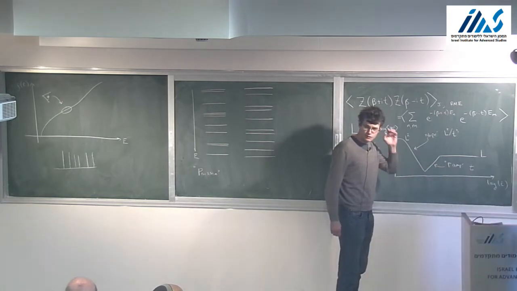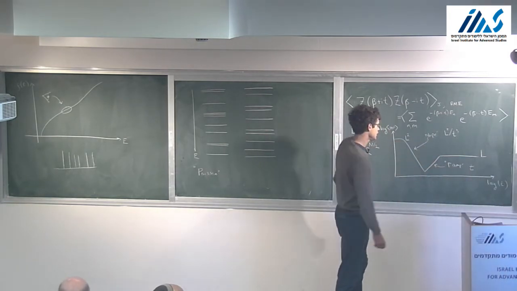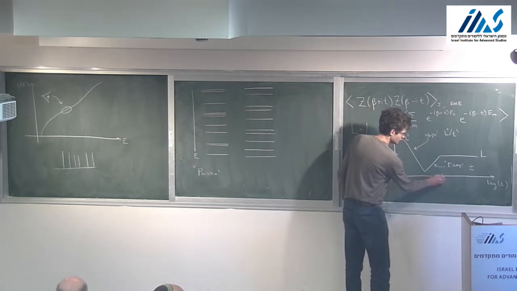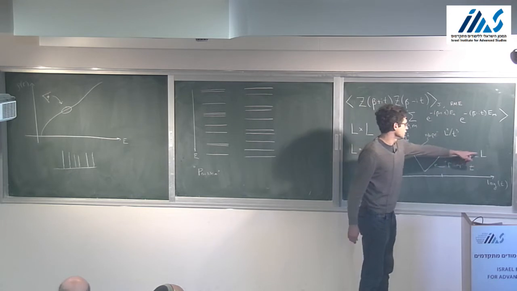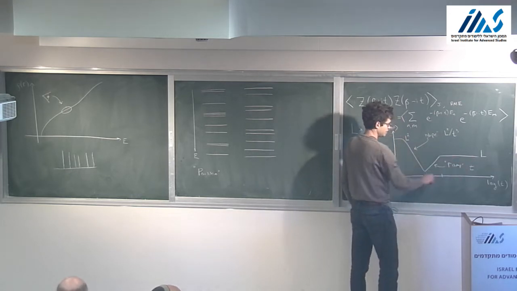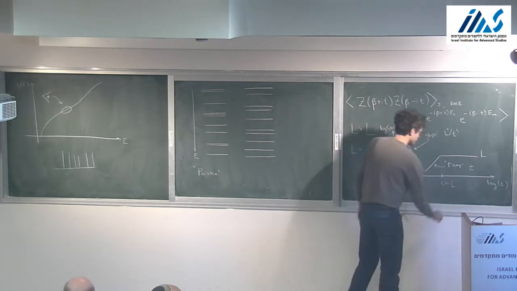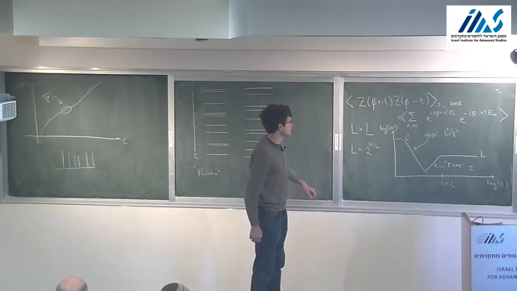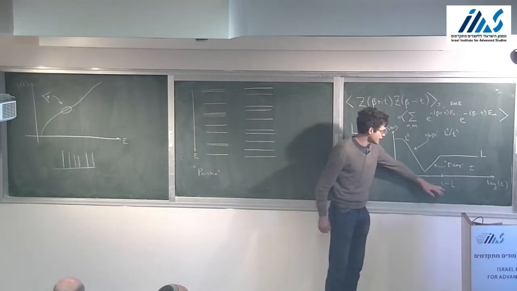Okay, so you can figure out where the times are, where these behaviors intersect. For example, this here, where the ramp meets the plateau, will be a time of order L, because it's growing linearly like t here, and it's constant L there. So this is a time t of order L. So L is the number of eigenvalues, so it's 1 over the eigenvalue spacing.